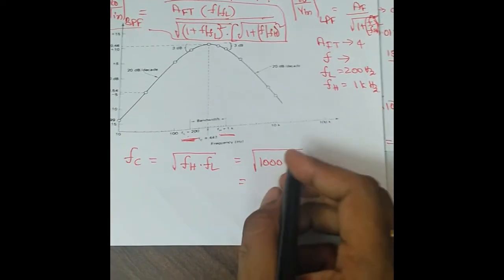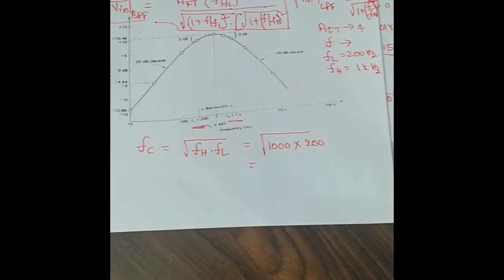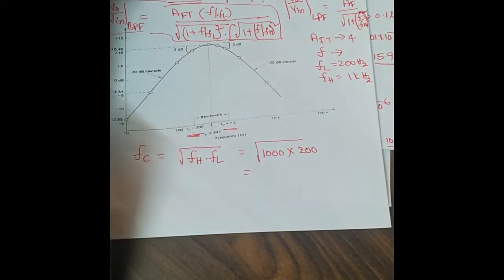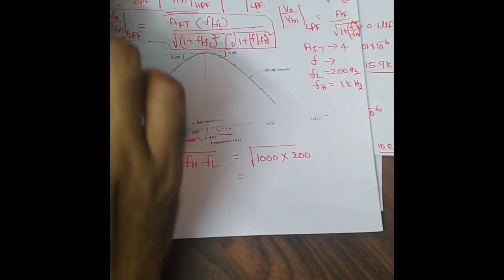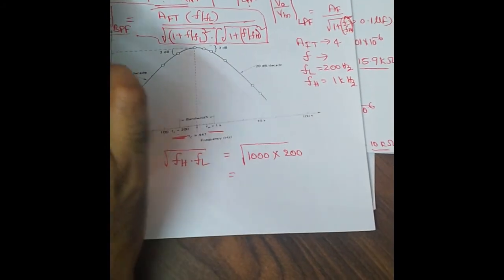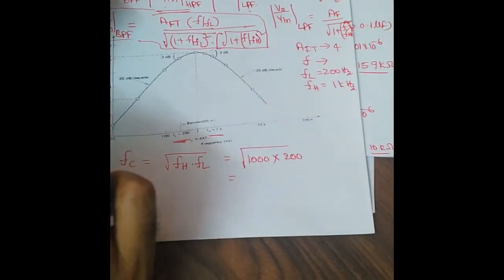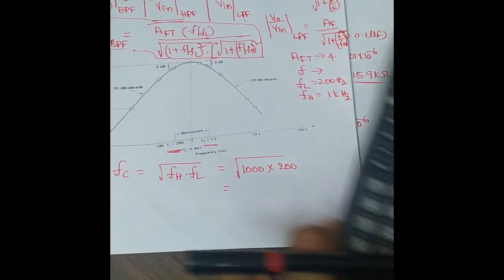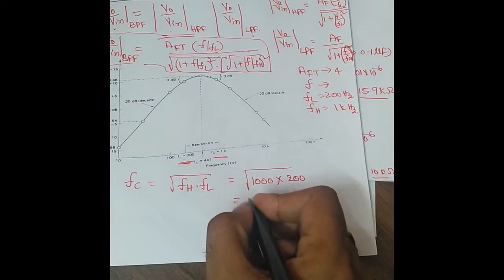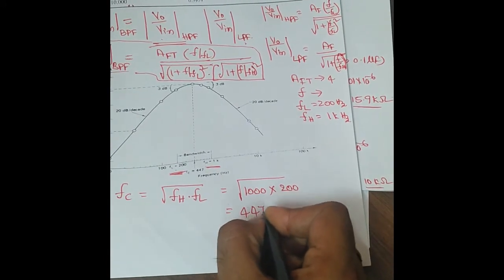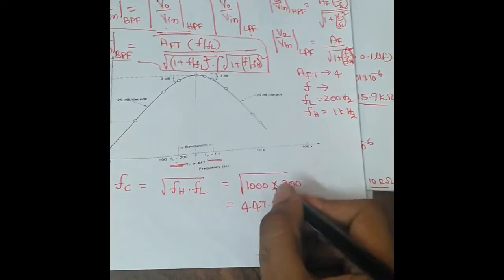So we take the square root of 1000 into 200, and we get 447.2 Hz.